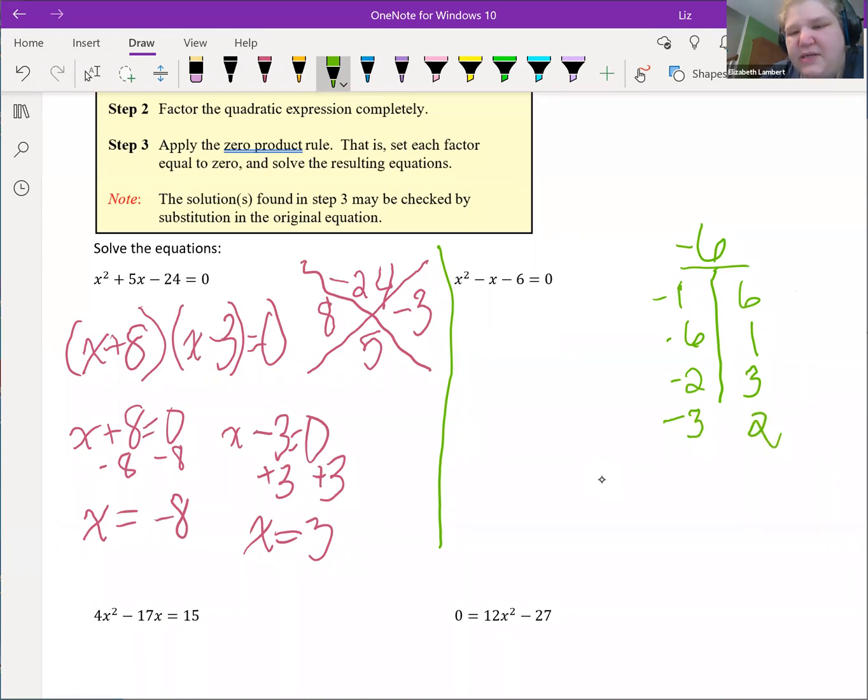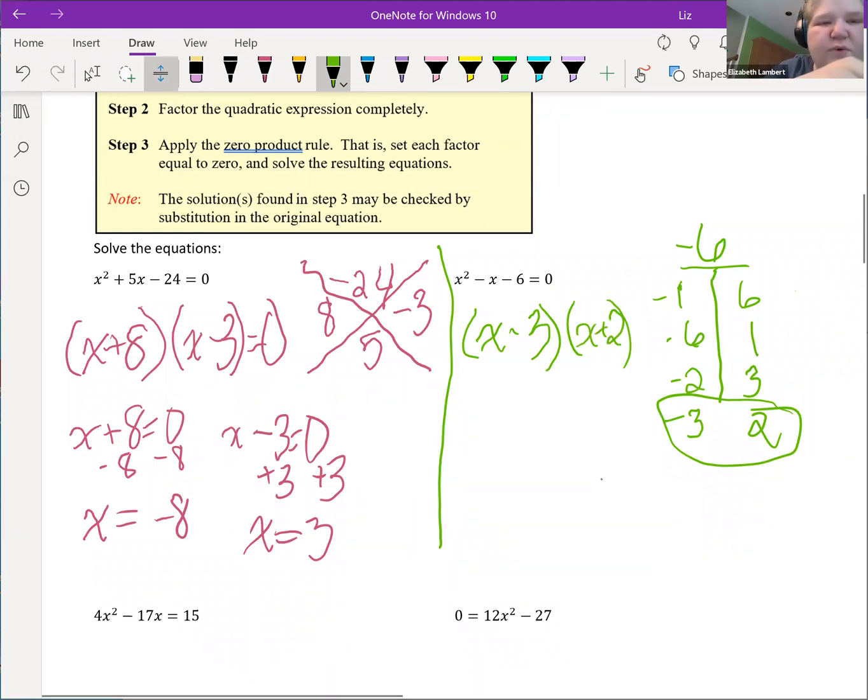So this would be positive 5, negative 5, then positive 1, so last one, negative 1. So x minus 3 times x plus 2 is our factored form.